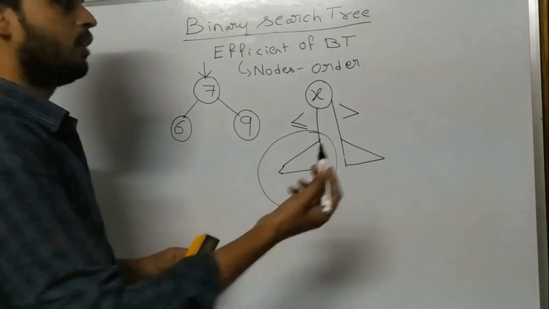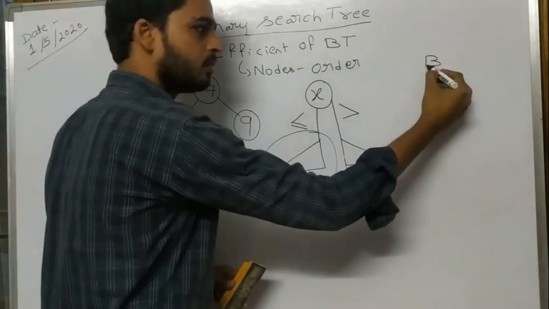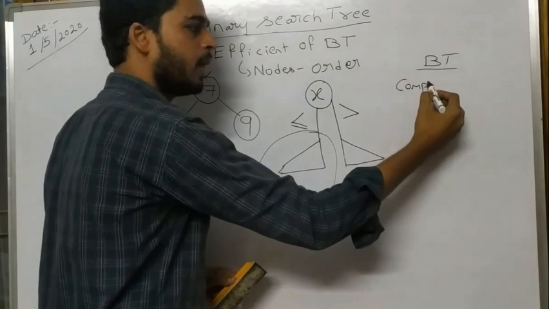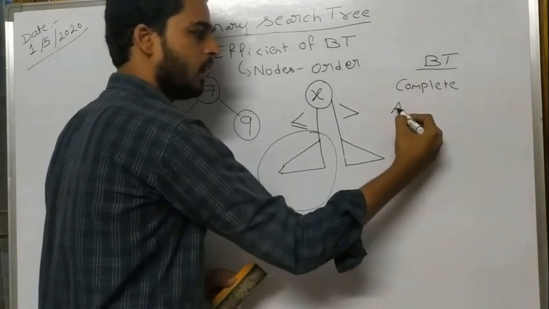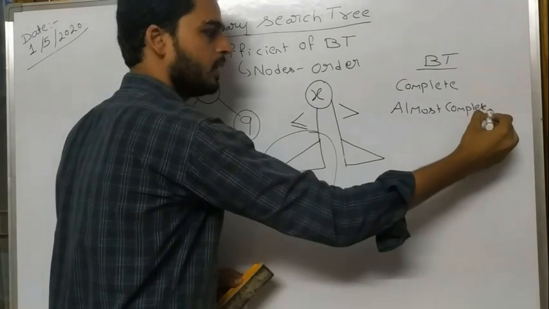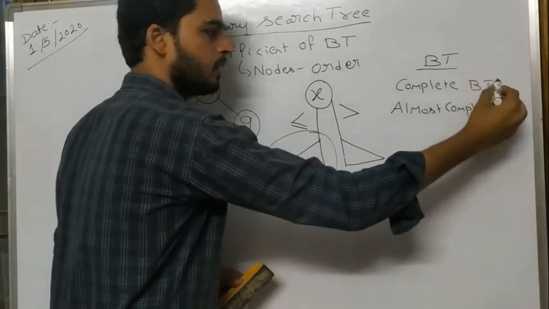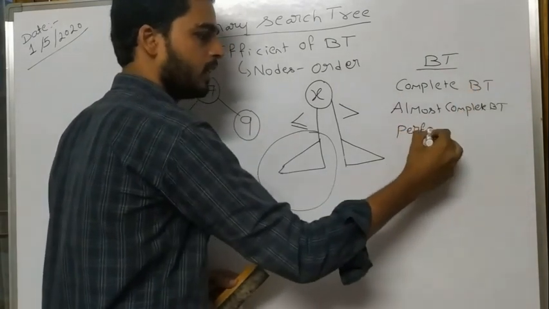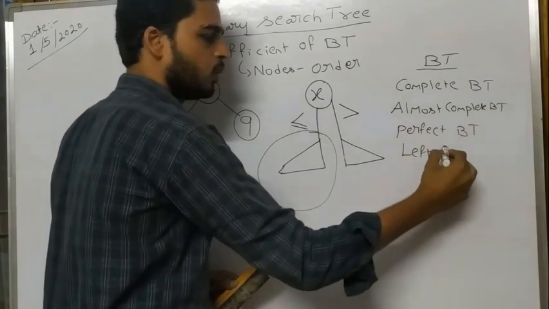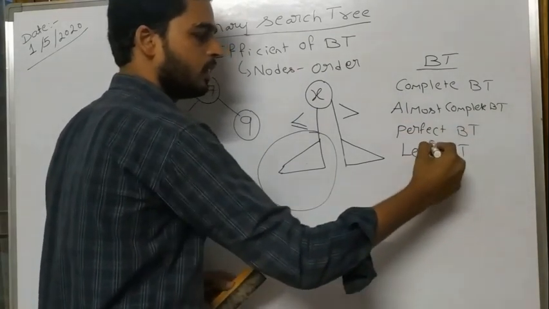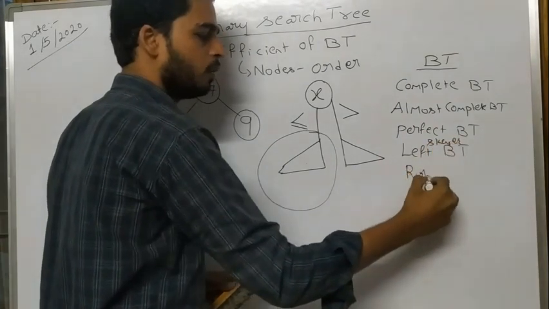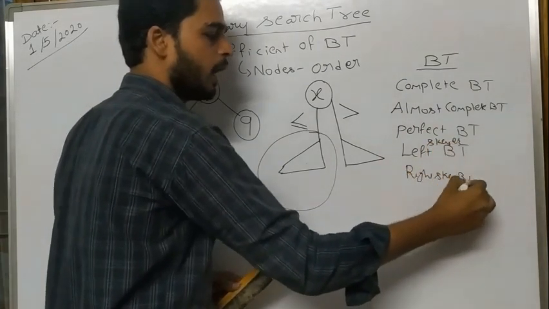Okay, fine. If you take a binary tree, this binary tree can be a complete binary tree, an almost complete binary tree, a perfect binary tree, a left skewed binary tree, or a right skewed binary tree.